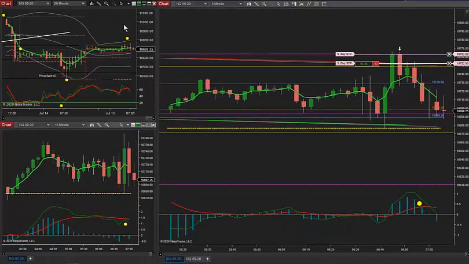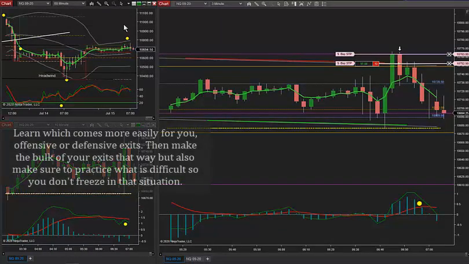I like to scale out. I like to lock in profits as it moves in my direction. I like to take profits on strength. I really hate making defensive exits, but it's something I force myself to practice so that if I find myself in that situation unexpectedly, I won't be frozen. I won't be uncomfortable with it. I'll be able to execute.